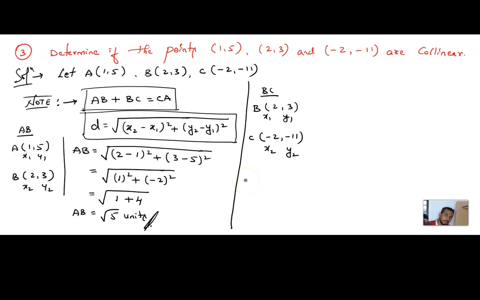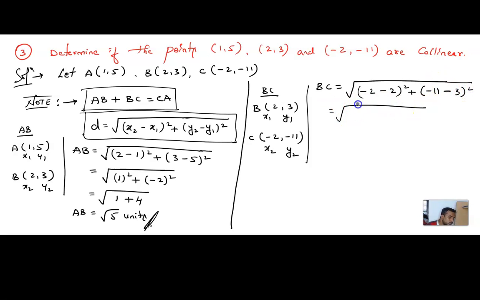You can solve this step by step below AB, but here I am solving it, don't worry. Now we are finding the distance BC. BC is equal to root of, what is x2? That is minus 2 minus x1, that is 2, whole square, plus y2, minus 11, minus y1, that is 3, whole square. That is root of (minus 2 minus 2). If both are minus, we add 2 plus 2, 4, but the minus remains the same.